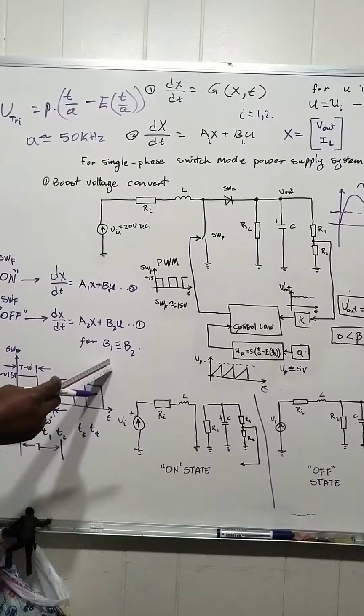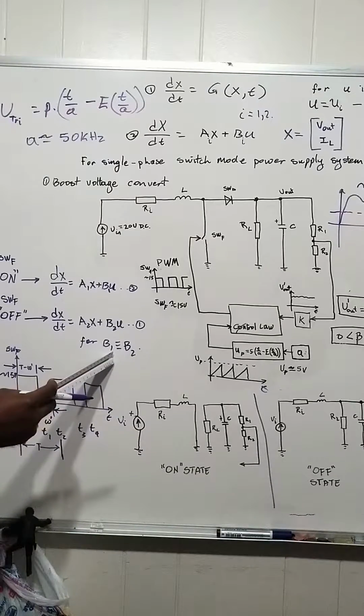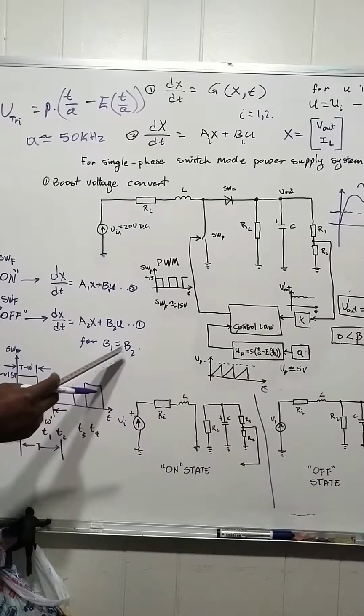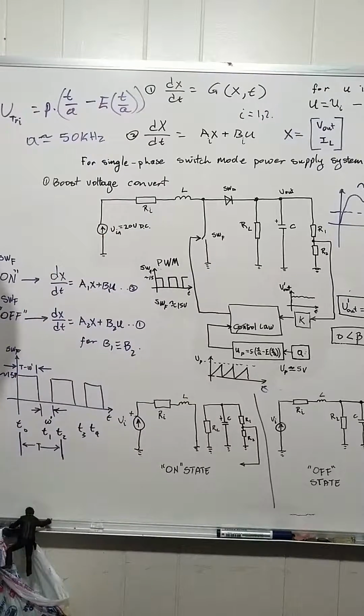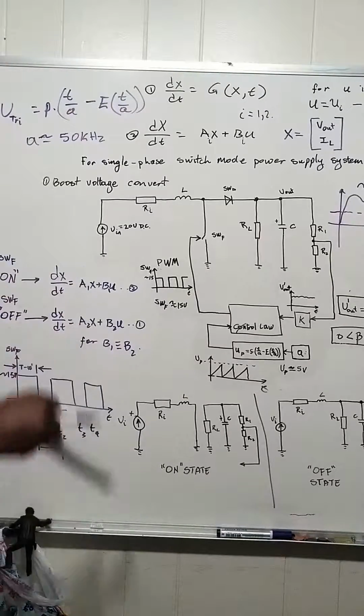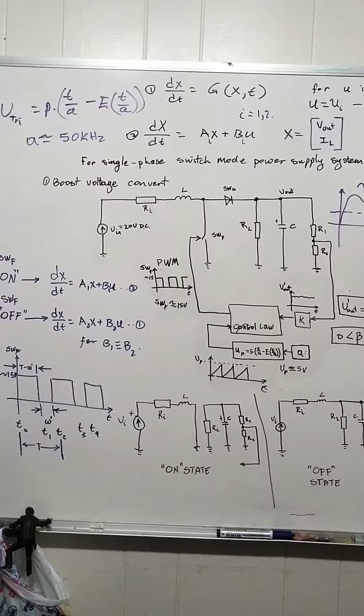First state, second state, where B, which is a column matrix, is the same; B1 is the same as B2 in this case for the boost converter. In the other converters that I had here, the classical ones, especially the buck, these are not the same, right? Both A and B vary in a different mathematical order.